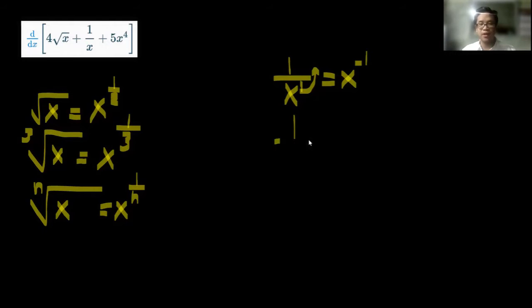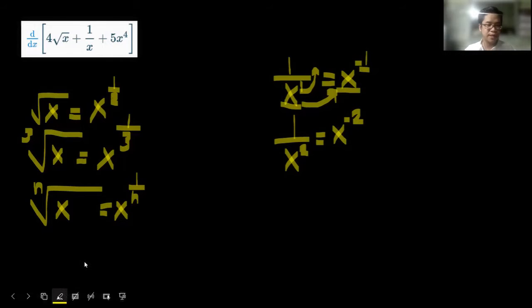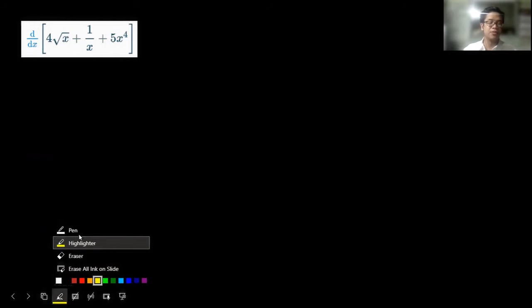For example, 1 over x squared: since you have 2 as your exponent, copy the x, bring it up, and this will become negative 2. What I mean by bring it up is that this x will become a whole term, not in the denominator, and then copy the exponent but make it negative. So that's it. Let's go.